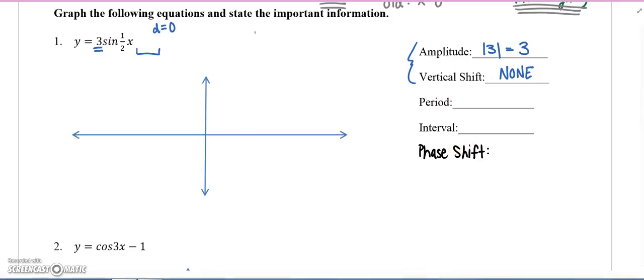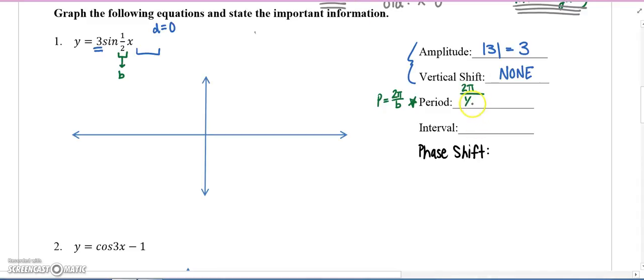Now the new stuff. The period, remember the formula, period is equal to 2 pi divided by b, where this number right here, the one you're multiplying x by, that's b. Now I know it's a fraction, but don't worry, we can handle this. We're going to do 2 pi divided by 1/2.